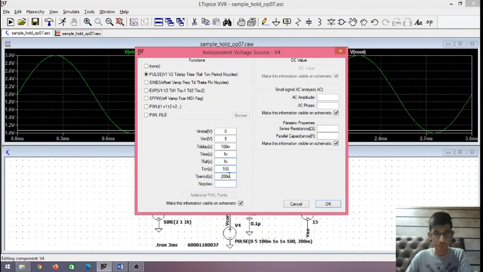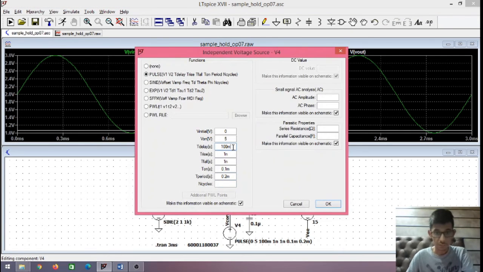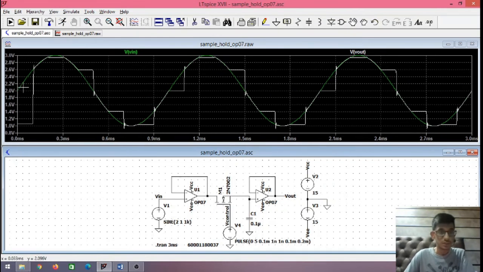I think for 1k frequency it should be 0.2 ms, 0.2 ms, 0.1 ms. I didn't change this one. This should also be 0.1 ms. So now if we run, we see the same as we had previously.